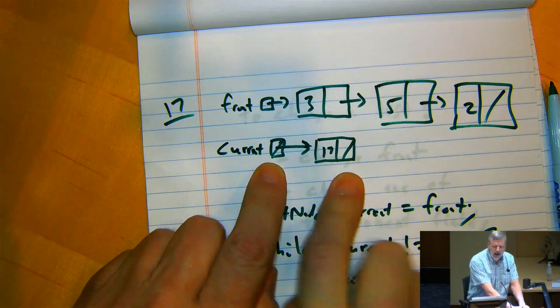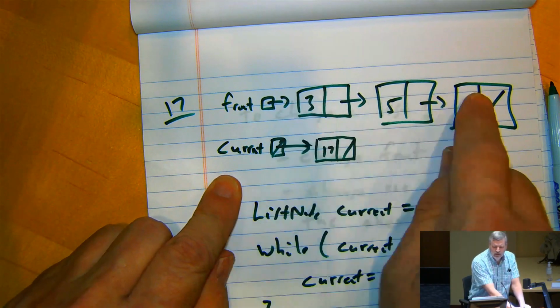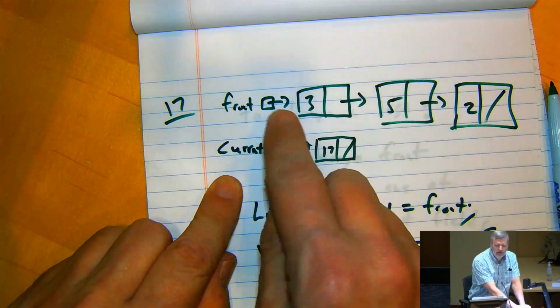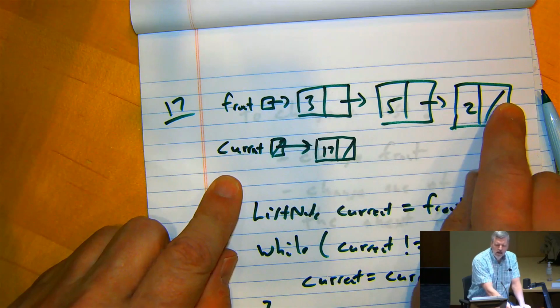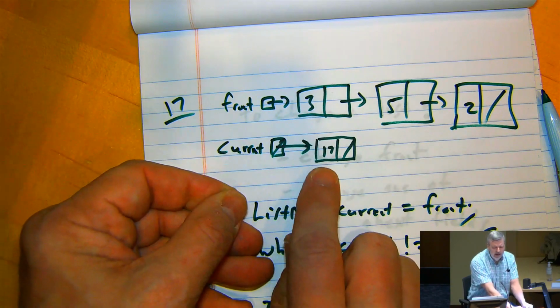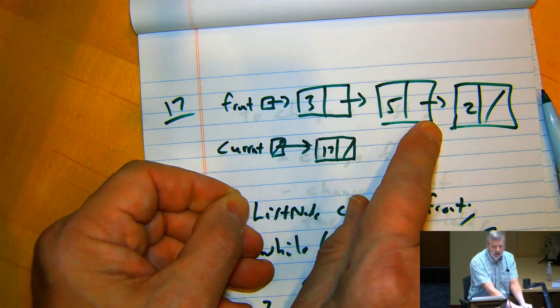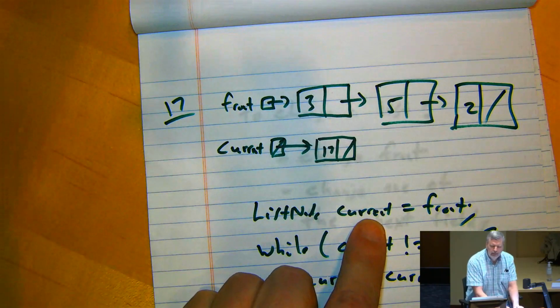So this would be like having a train car off to the side that has no connection to the train itself. So I've got these 3 cars hooked together to form a train, and then off to the side I've got another train car, but that train car isn't connected to these in any way. Current is a local variable, and what happens to local variables when a method is done executing?